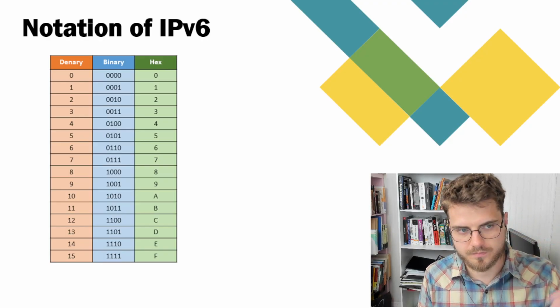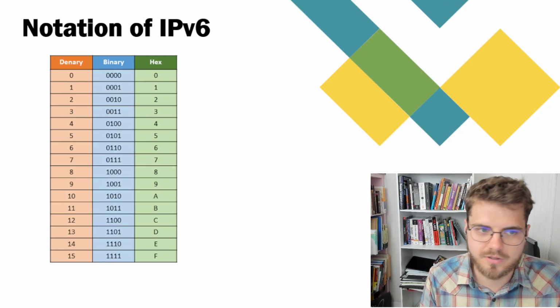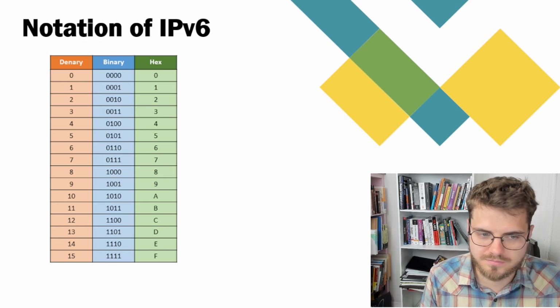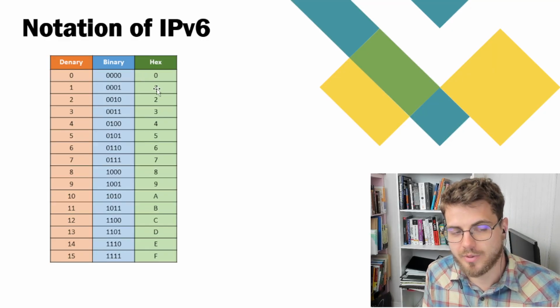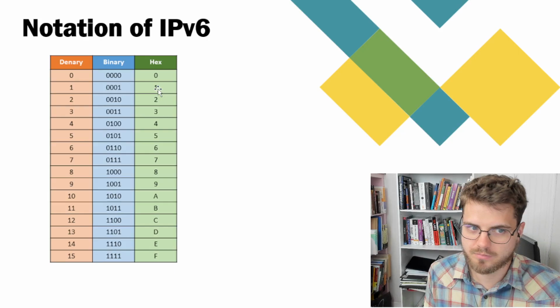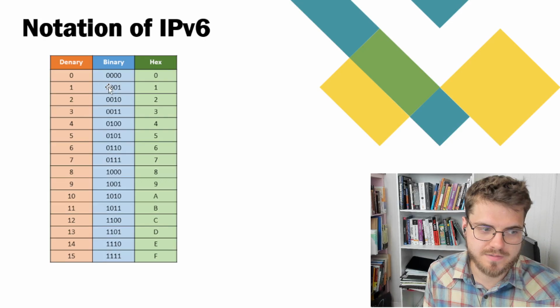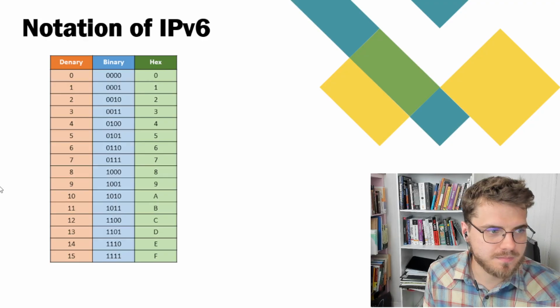So, denary is just what you're used to, what numbers are. The binary is what the hex represents. This is a little bit confusing, but just know that if the hex is showing a 1, it's not actually a 1. It's this binary example, because IPv6 is 128 bits.